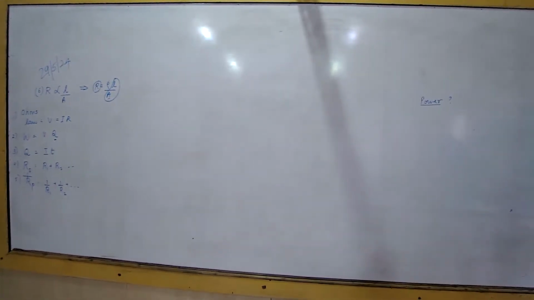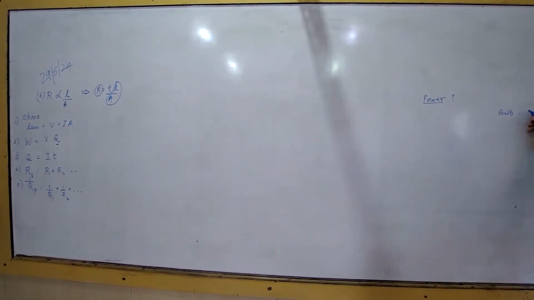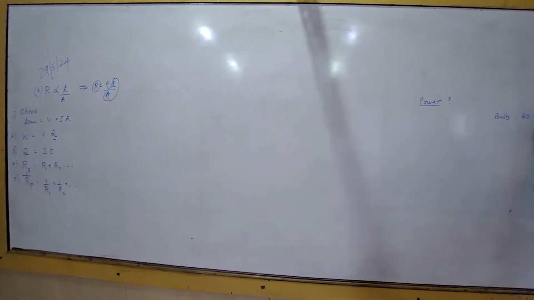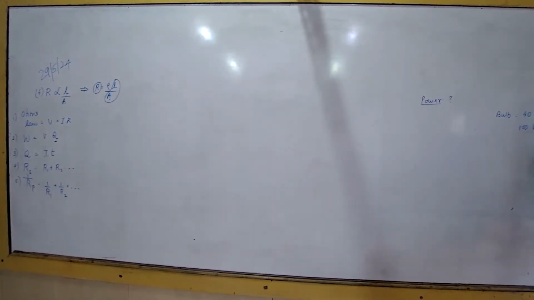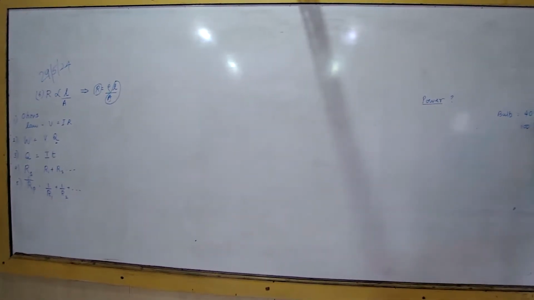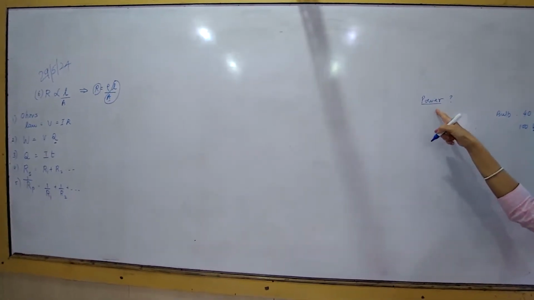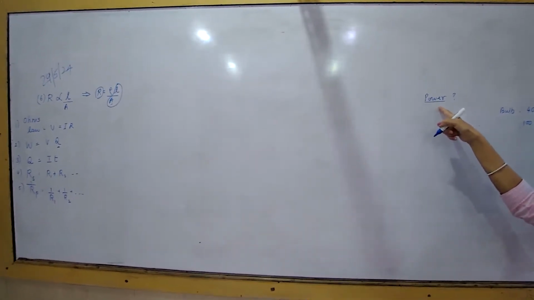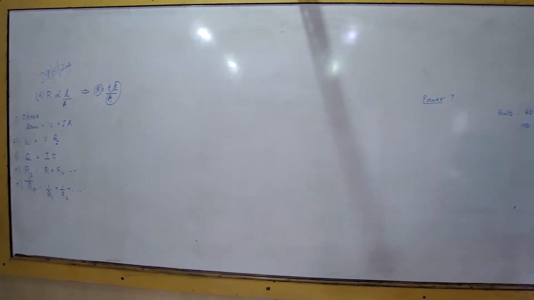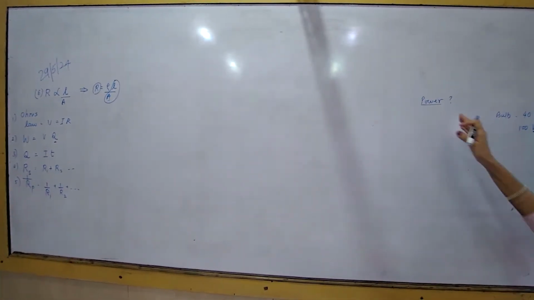Suppose you look at the bulb. Many times there is a 40-watt bulb, or a 100-watt bulb. What does the W stand for? Watt. That is the unit of power. So every gadget has some power. Let us find out what power is.